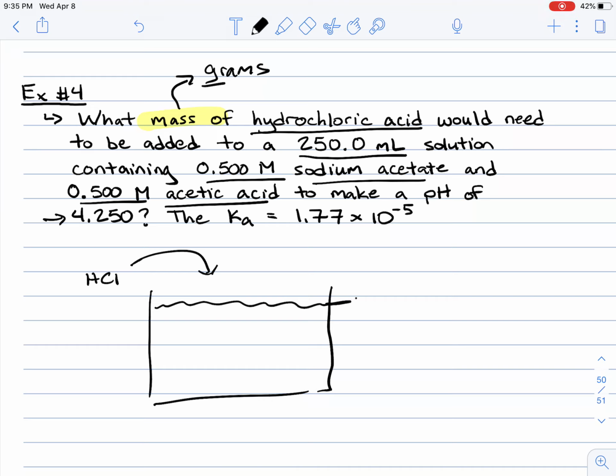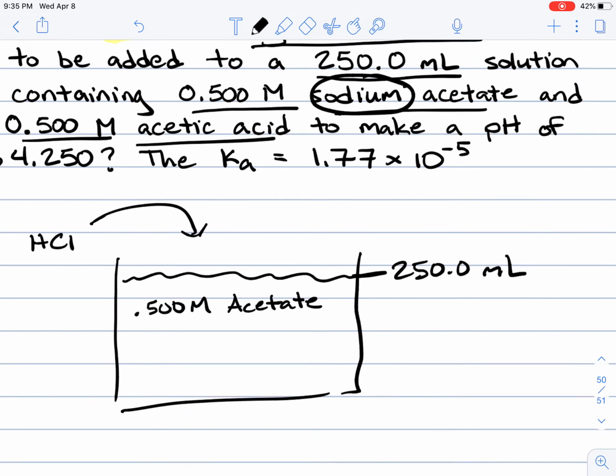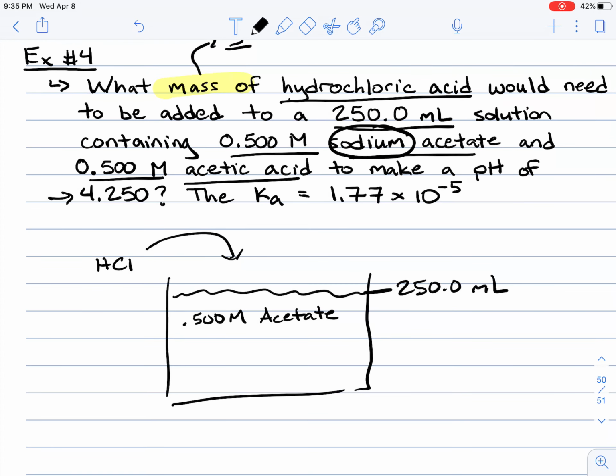And the current volume is 250.0 mL. And it turns out that this solution contains 0.500 molar sodium acetate. Sodium is going to be a spectator ion, so I'm just going to represent only the acetate and not the sodium, because it won't affect the pH of my solution.